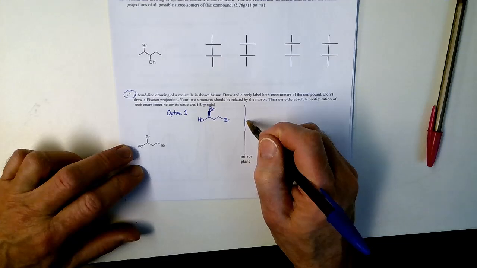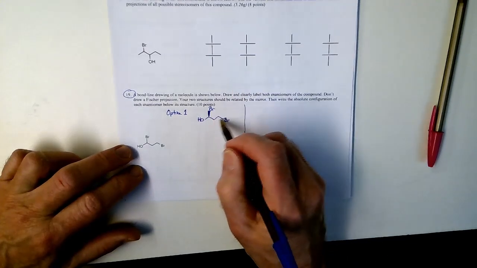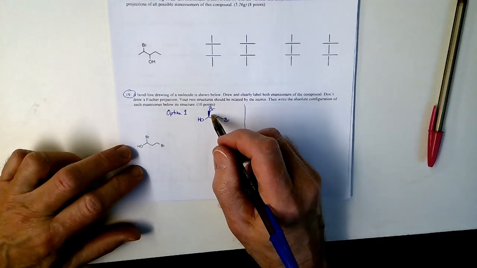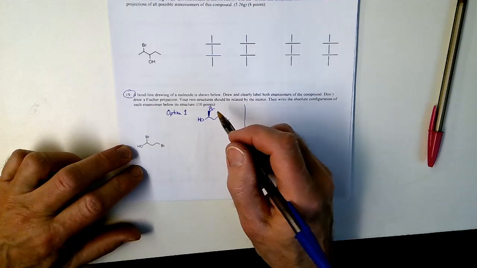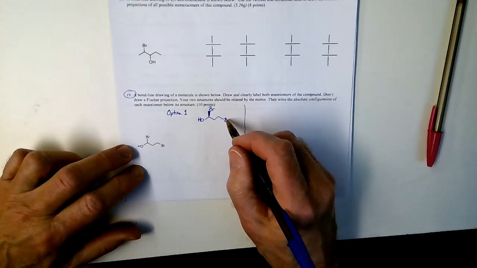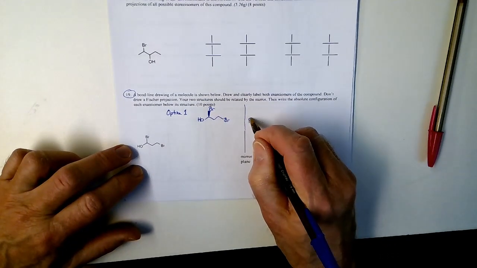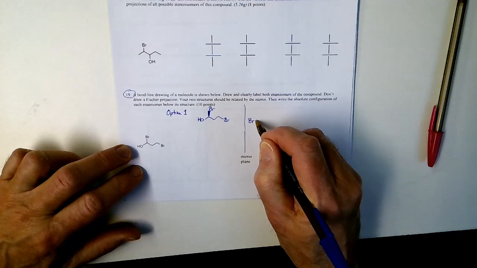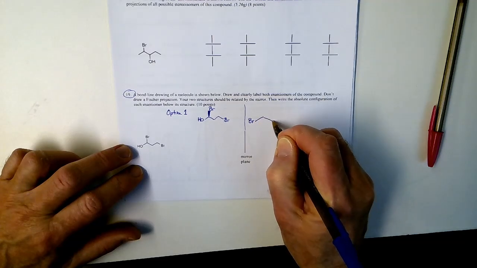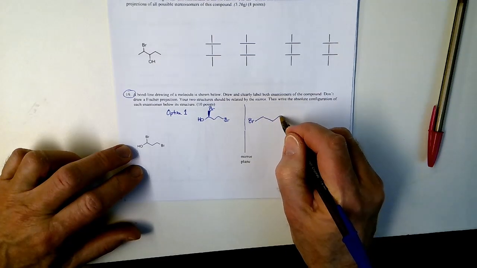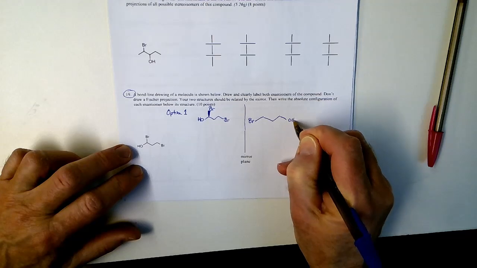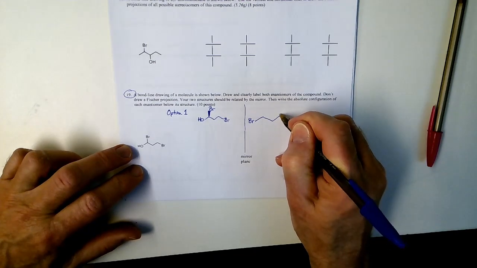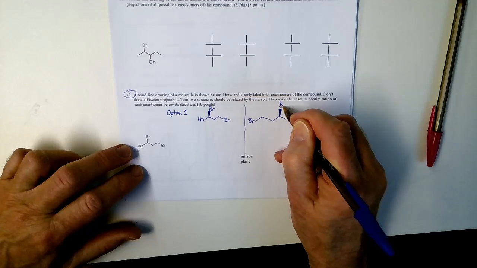If you want to do it this way, once you've got this drawn, it's not too hard to get yourself to the other enantiomer, because you just say, okay, I've got my bromine here, and then I've got 3 carbons, 1, 2, 3, and then far away from the mirror, OH, and the reflection still coming out at you has bromine.